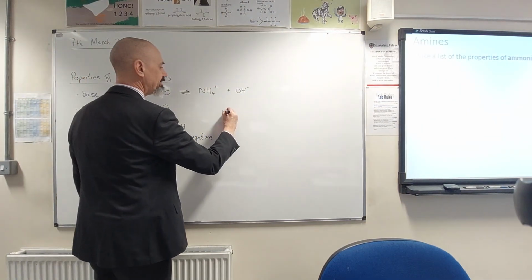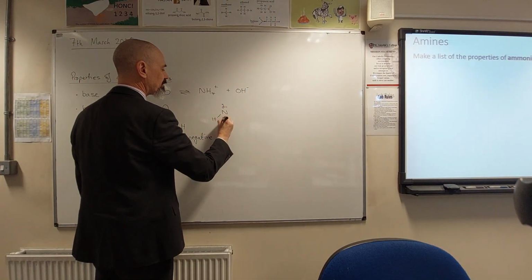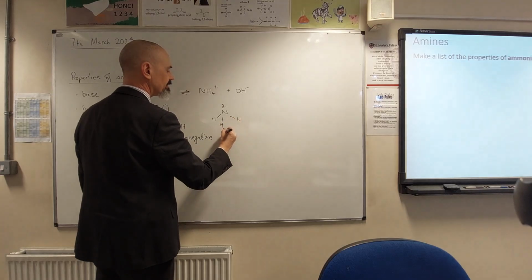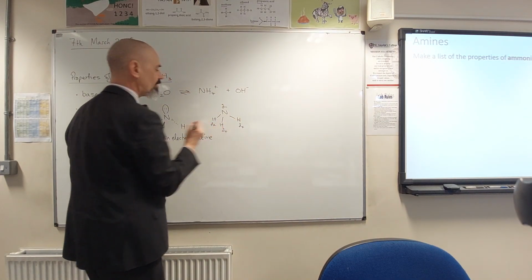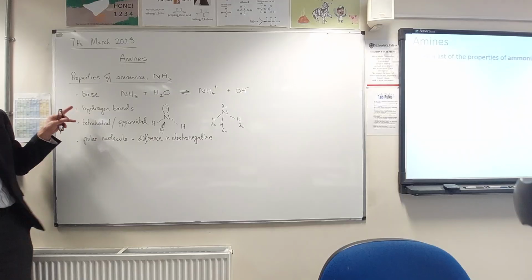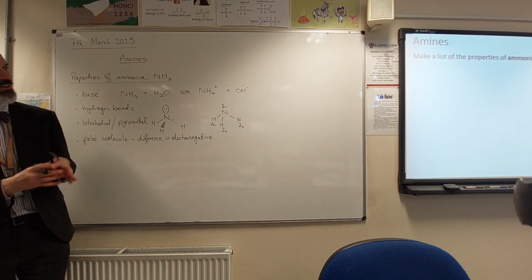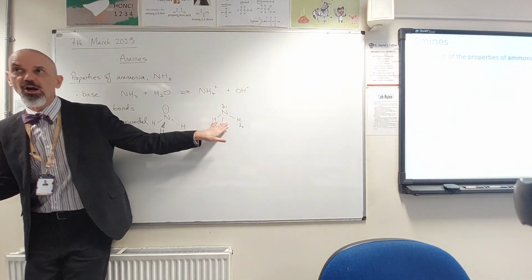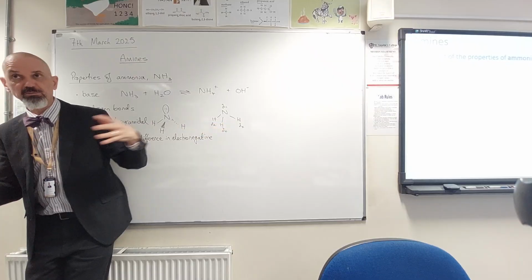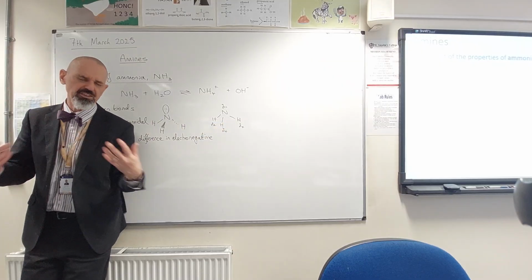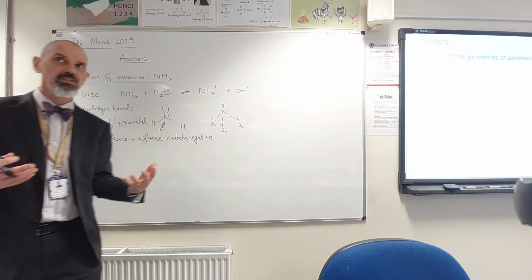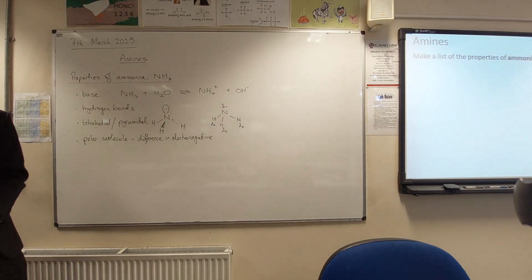So we've got an N delta minus at the top and 3 delta plus hydrogens, which of course also plays into the hydrogen bonds, because the reason that only O, N and F can hydrogen bond is because they're the only atoms that cause a strongly polar bond to occur.